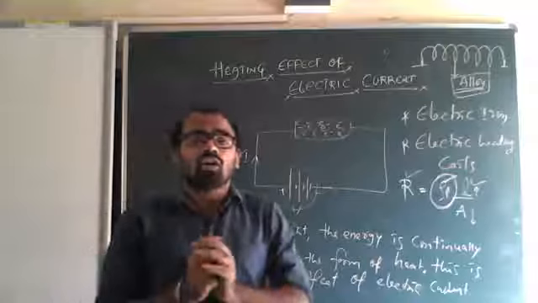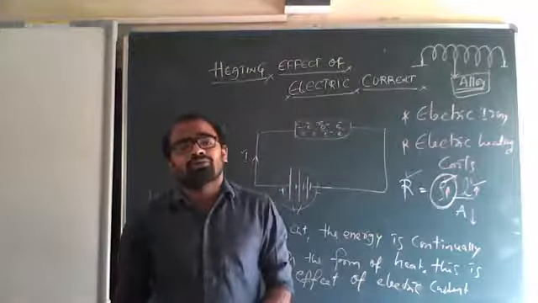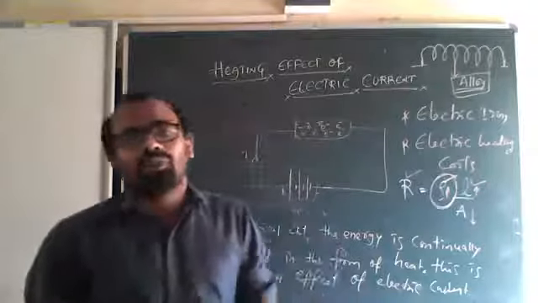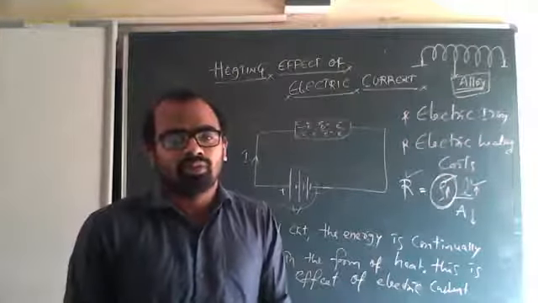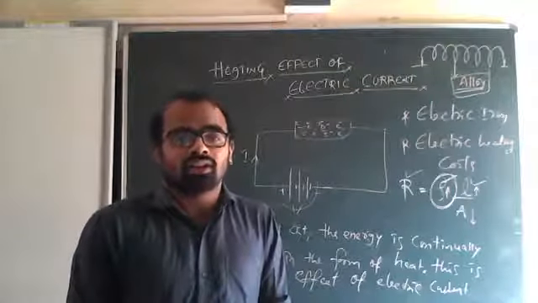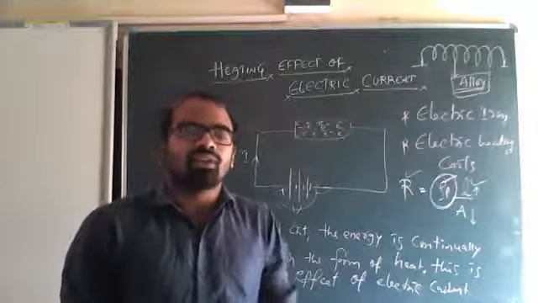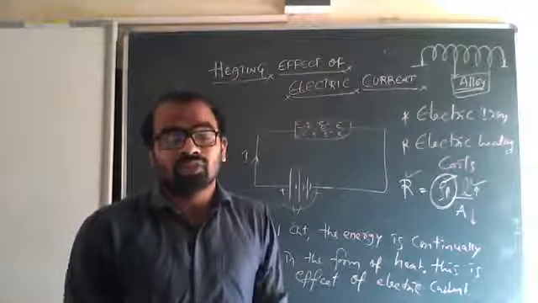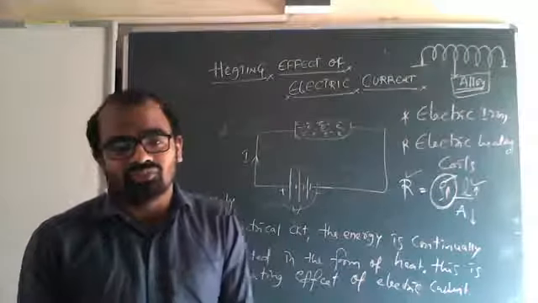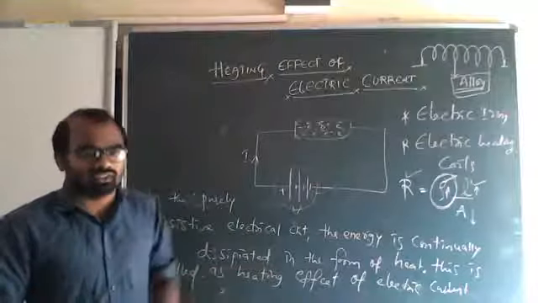I hope you are all aware of this. You have already seen electrical heating coils and electrical irons. In those, because of the purely resistive circuit, all the electrical energy is dissipated in the form of heat, so there you get maximum heat energy. So this is called the heating effect of electric current.